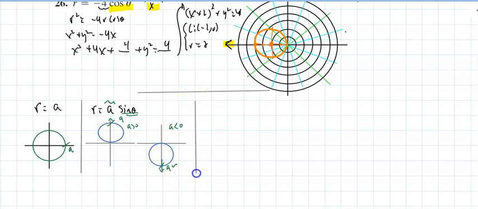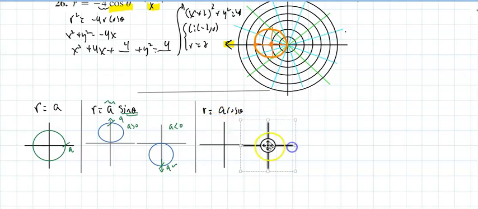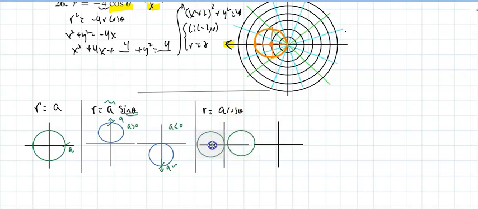And similarly, if I happen to look at r equals a cosine theta, right? I would also know automatically it's one of two graphs. I would know that it's either going to look like one of these circles, or one of these circles.